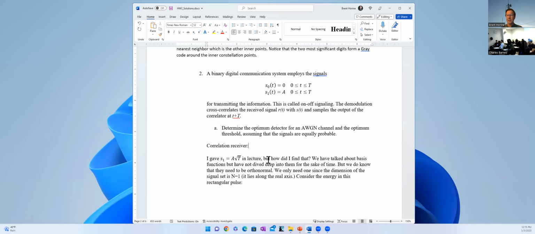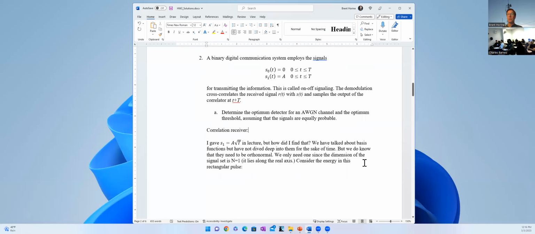Maybe we should have, because they keep coming up. But we do know that they need to be orthonormal to each other. When we look at this, it has one dimension, right? It's just along the x-axis. It's not along the x and y-axis, and not any higher dimensions. It's just one dimensional. So n is equal to 1, and therefore we really only need one basis function.